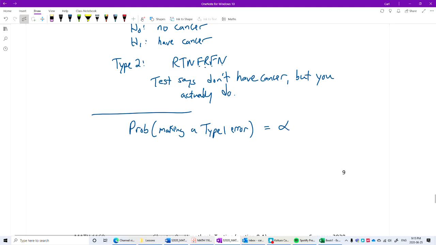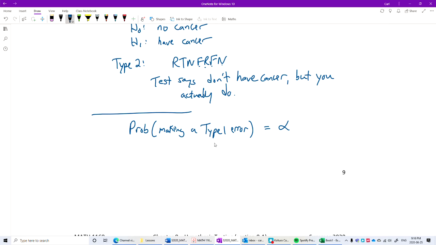It's not obvious, but it's exactly alpha. And so that's the meaning of alpha. It's the likelihood of rejecting the null hypothesis even though it's true. So in other words, it's a false positive.